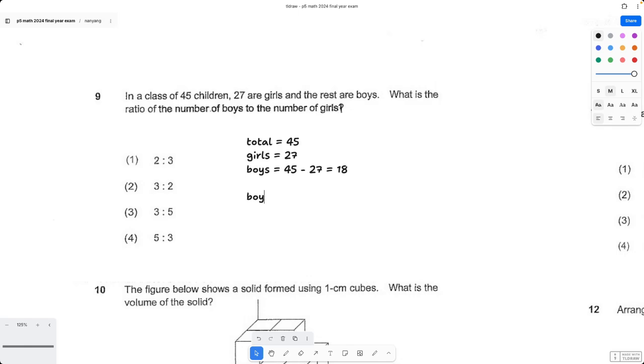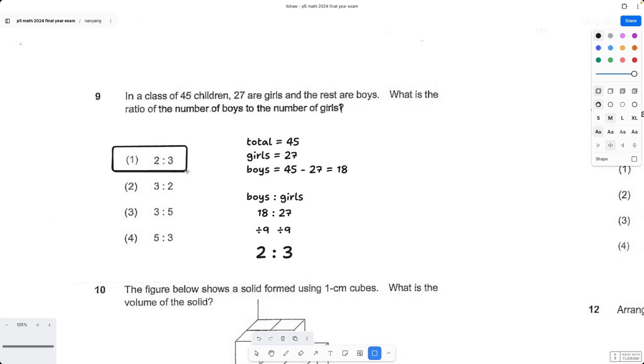So the ratio of boys to girls is equal to, boys is 18 and girls is 27. So what can we divide them with? We can divide them with 9, right? So both of them can be divided by 9. So 18 divided by 9 is 2, 27 divided by 9 is 3. So the answer to this is 2 is to 3.